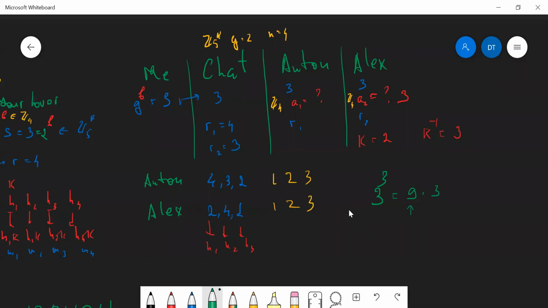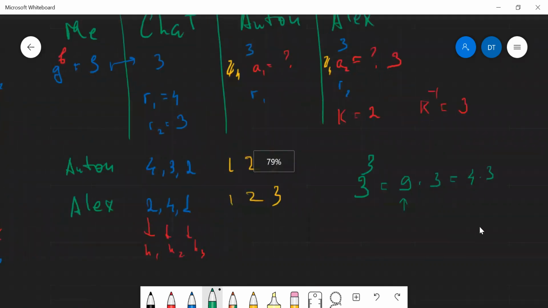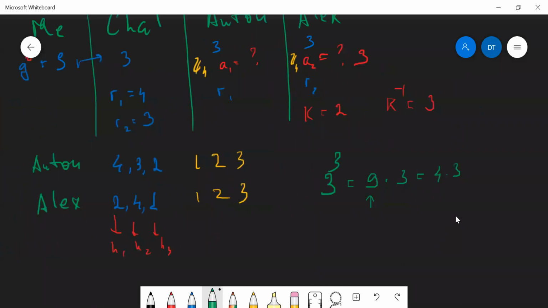So 9 modulo 5 is what? It is 4. Okay. And now, when you multiply 4 by 3, it's 12, and modulo 5, it's 2. This is how to speed up your computation.